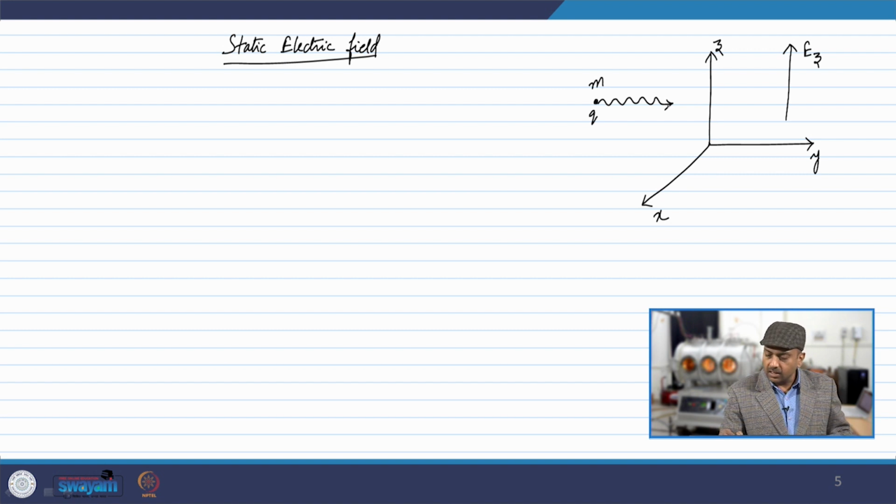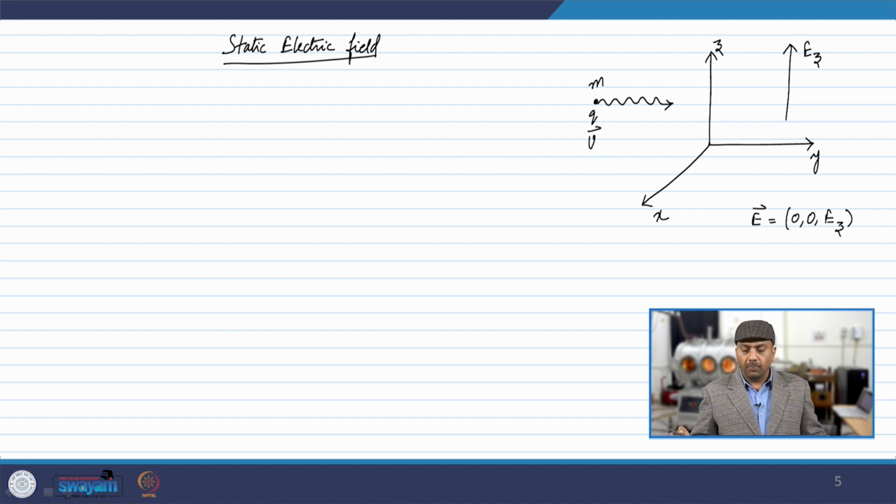Okay. So, it has a charge q, mass m and a velocity v. The electric field E has only one component. We have 0, 0 and Ez.